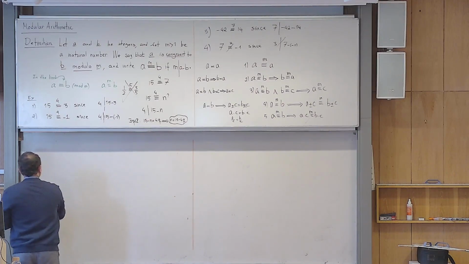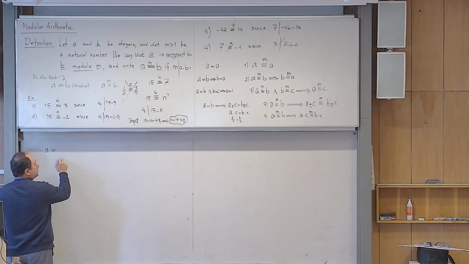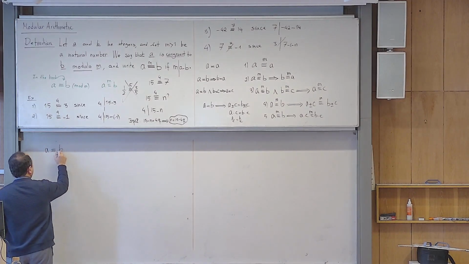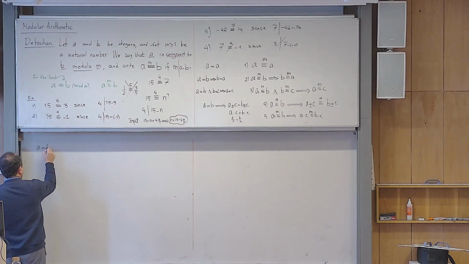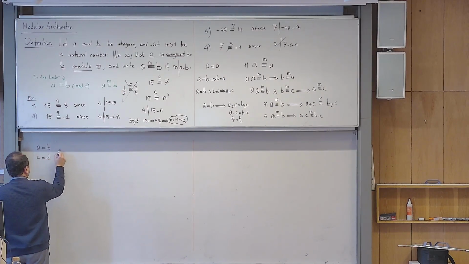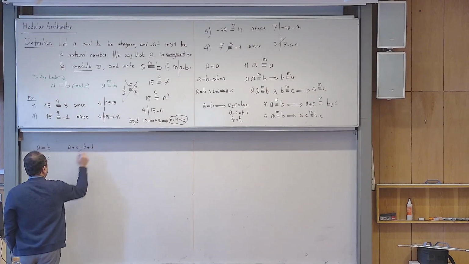If I give you A is congruent to B modulo M. Sorry, let me do it for equality first. If A is equal to B, and I also tell you C is equal to D, do you think I can say A plus C is equal to B plus D? Is it true or false?